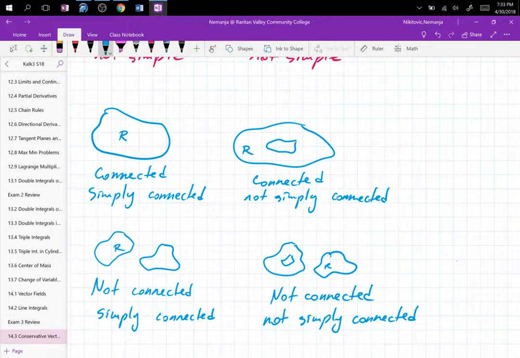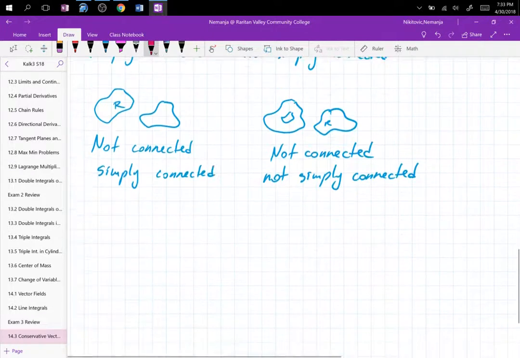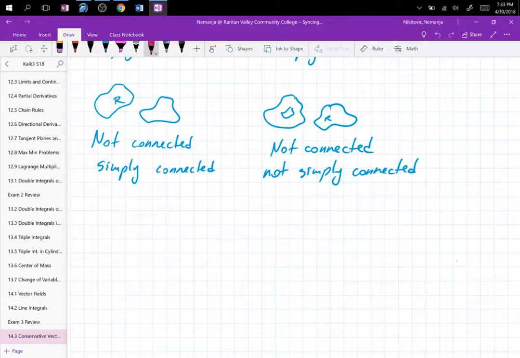Our definitions from this point on will have these in them. All right, so let's go and define the conservative vector field.